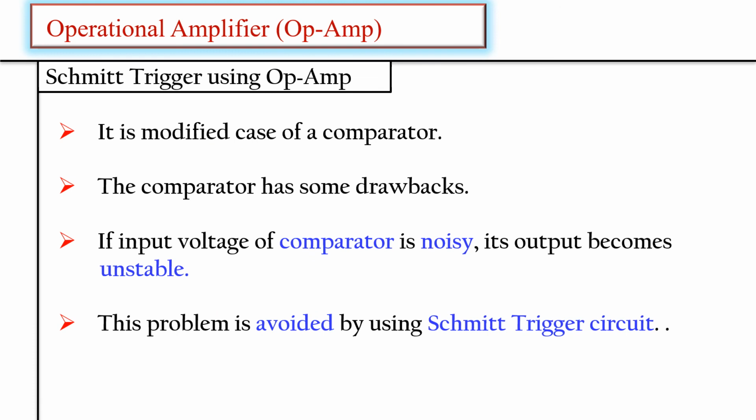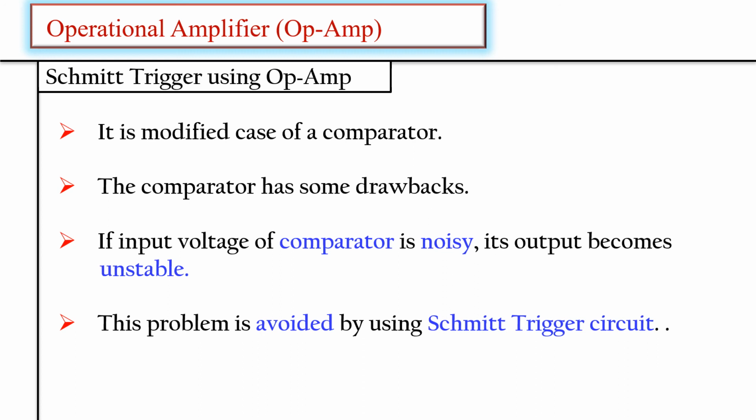In a comparator, if the input contains noise, noise triggering is observed when Vin is near the trip point. The trip point is the value of the input voltage at which the output switches state. With a zero crossing detector or limit detector, if the input contains a noise voltage with a peak of 1 millivolt or more, the noise causes the output to change state. This noise triggering can be avoided by using a Schmitt trigger.